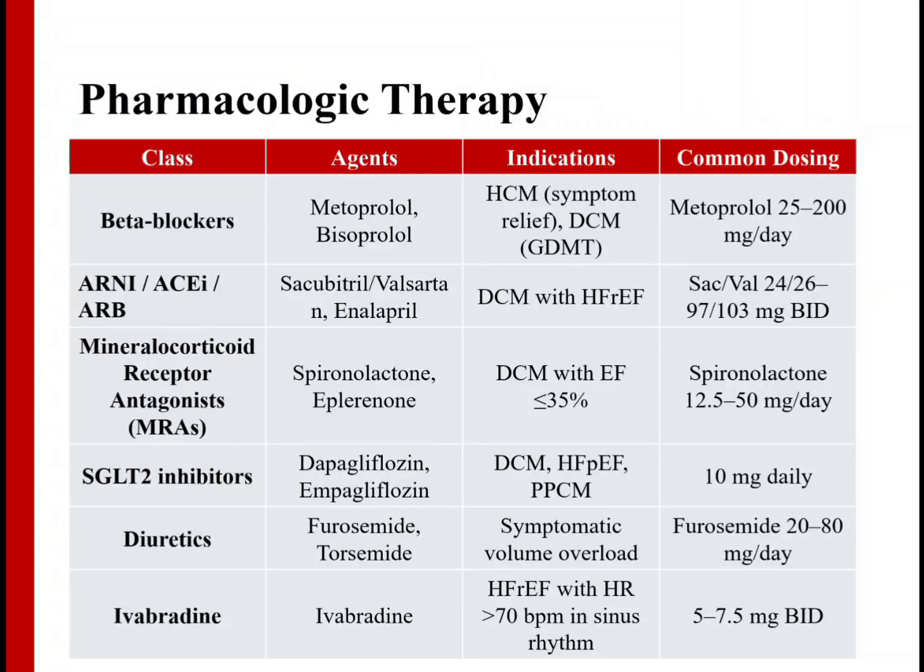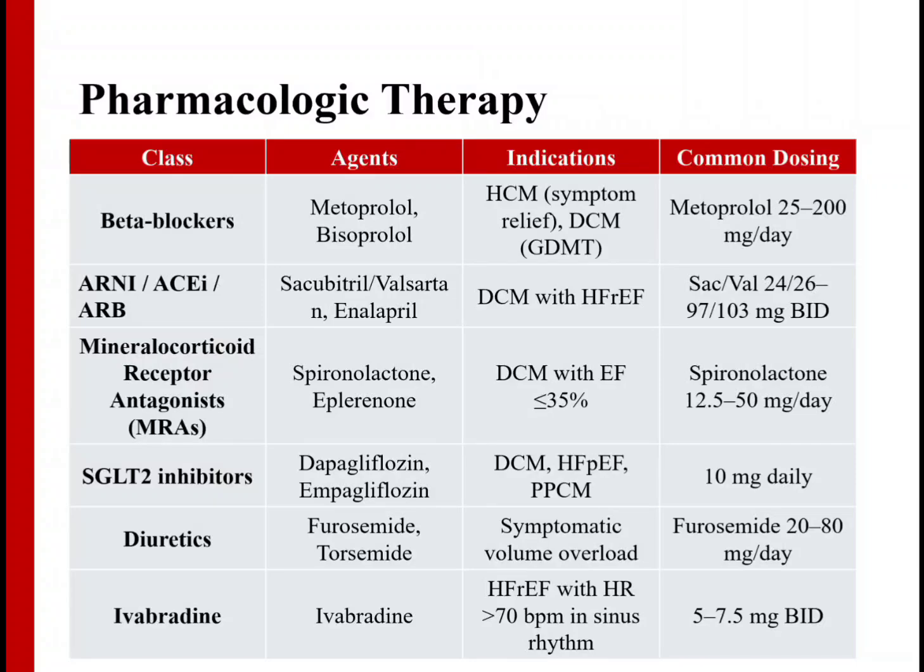Then mineralocorticoid receptor antagonists like spironolactone and eplerenone, they are indicated in dilated cardiomyopathy with ejection fraction less or equal to 35%. And the dosing of spironolactone is usually between 12.5 to 50 milligrams per day.